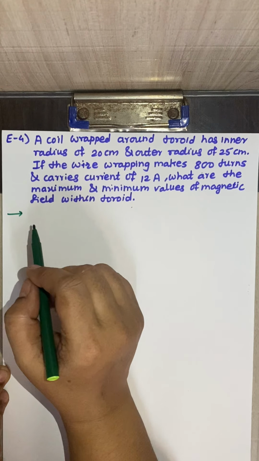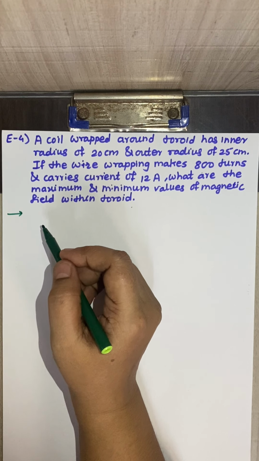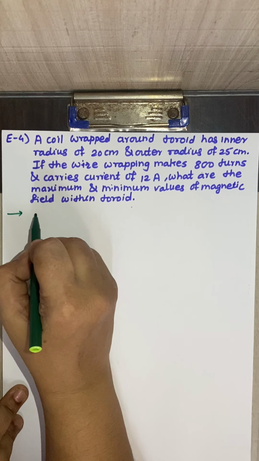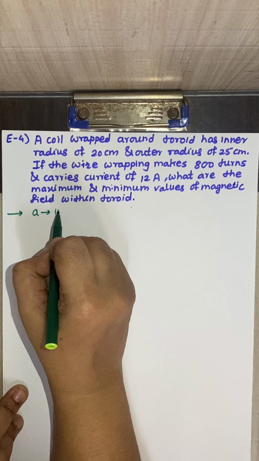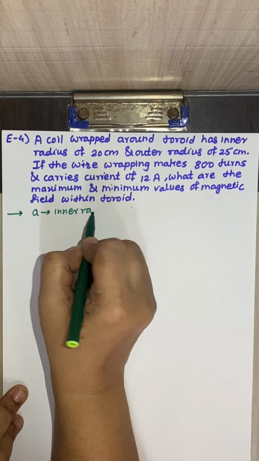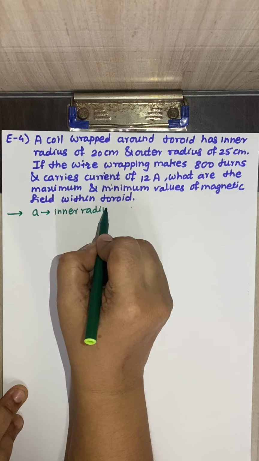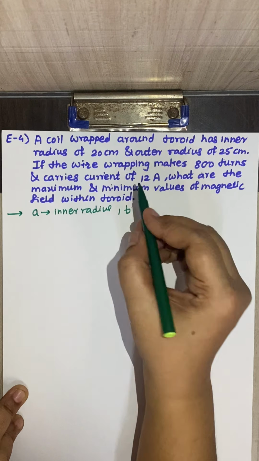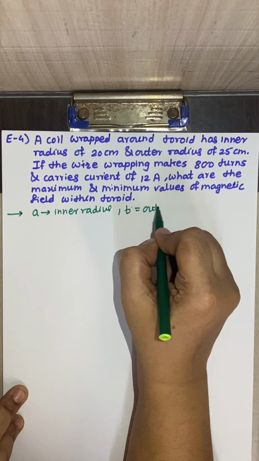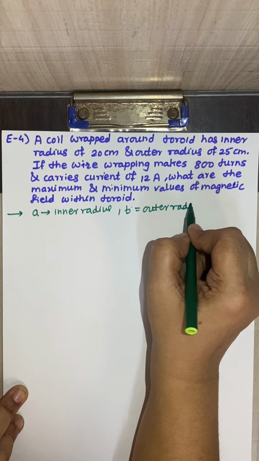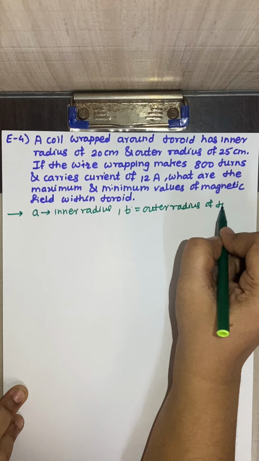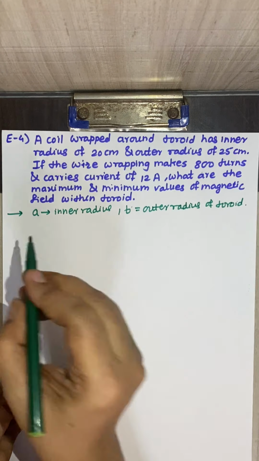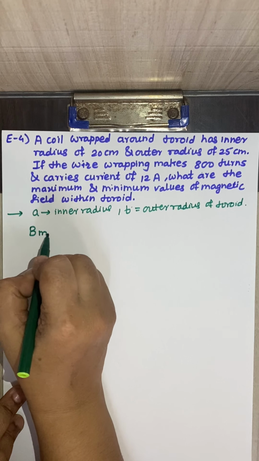Now a and b are the inner and outer radius. So I will write down here: a is considered as the inner radius of the toroid and b is considered as the outer radius of the toroid. Now B max I want to find out.